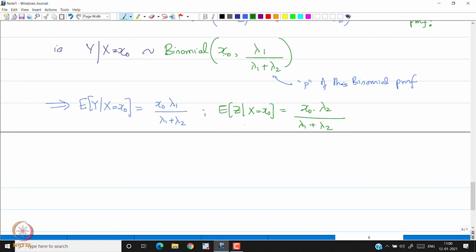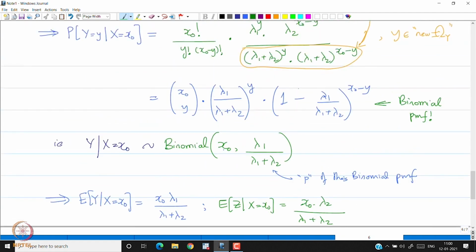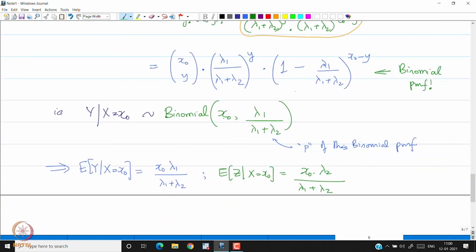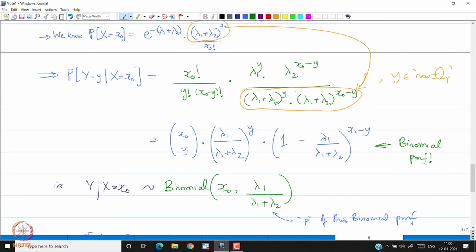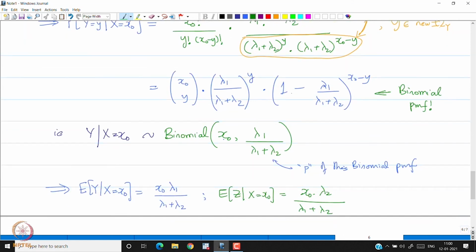I just wanted to go through the derivation properly so that you do not feel shortchanged. I was not very happy about simply leaving it out, so I wanted to take the trouble to derive it properly so that there is no confusion about it.